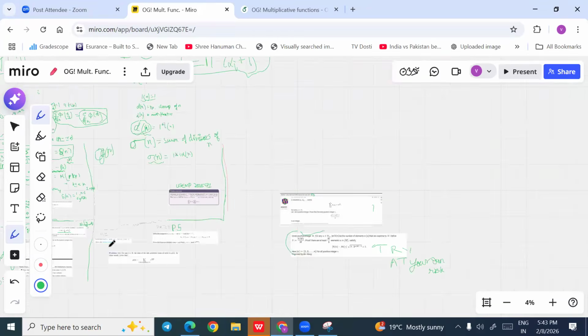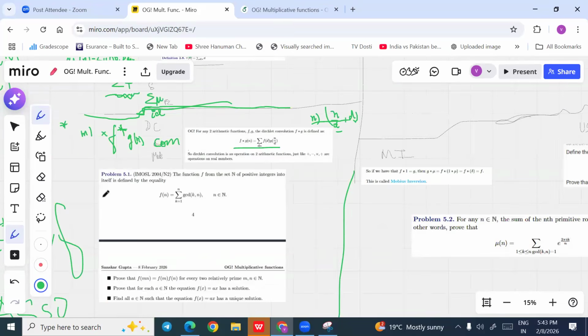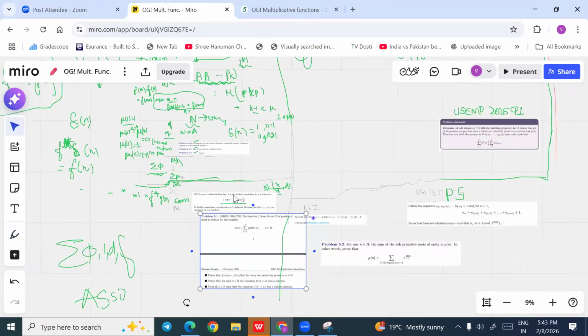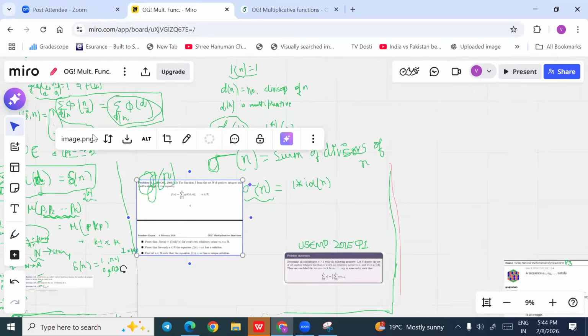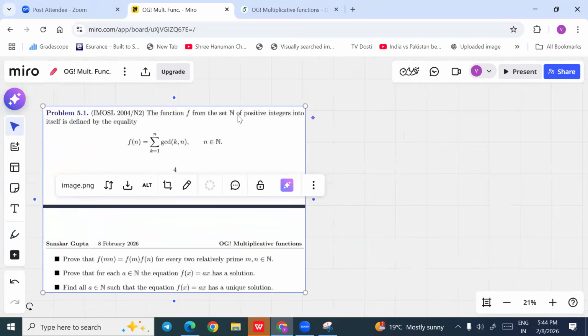So now let's do some problems. Okay, we have this ISL 2004 N2. It has 3 parts.